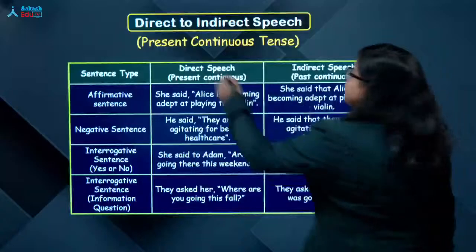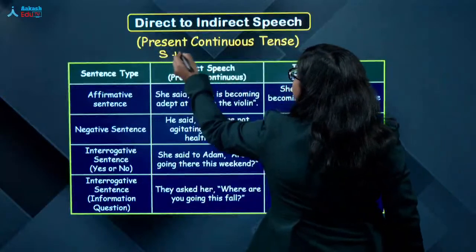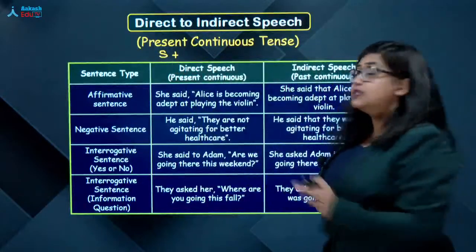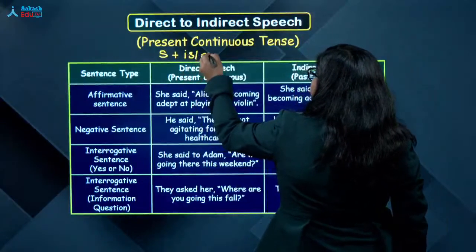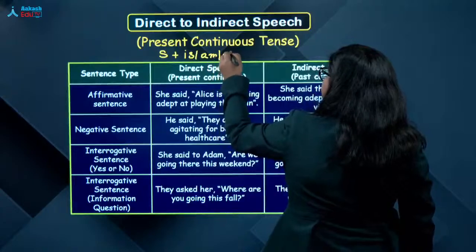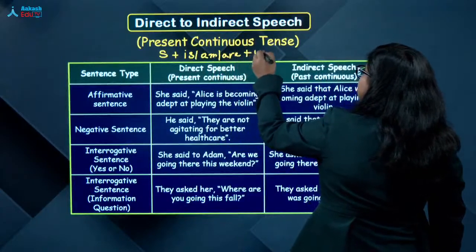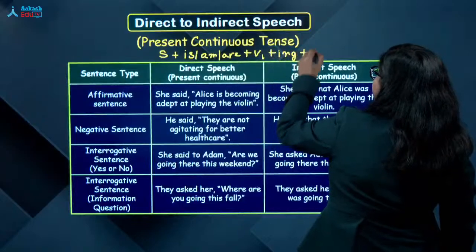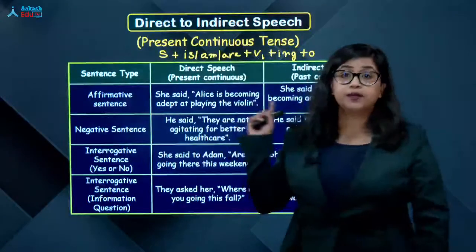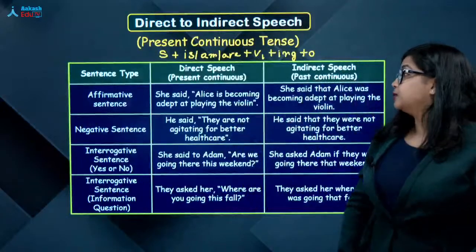You use subject, then after subject, you use is, am and are, plus V1 plus ing, and then towards the end you have your object. Okay, so subject plus is, am, are plus V1 plus ing plus object.